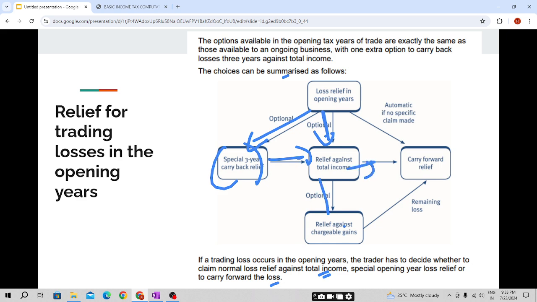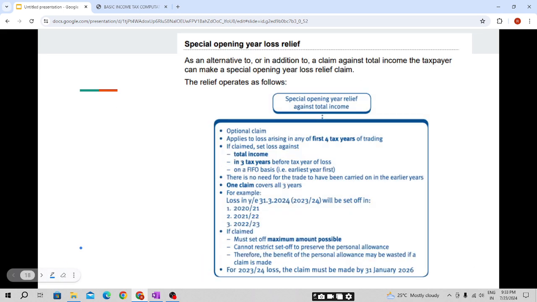Then carry forward. If not, this. So students, we will be covering when this will be available. Special opening year loss relief: as an alternative to or in addition to a claim against total income, the taxpayer can make a special opening year loss relief claim. That is, this special opening loss relief will only be against total income.